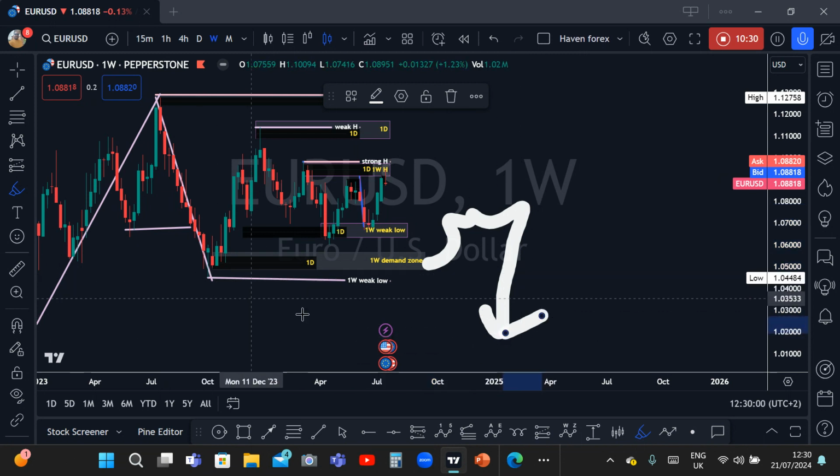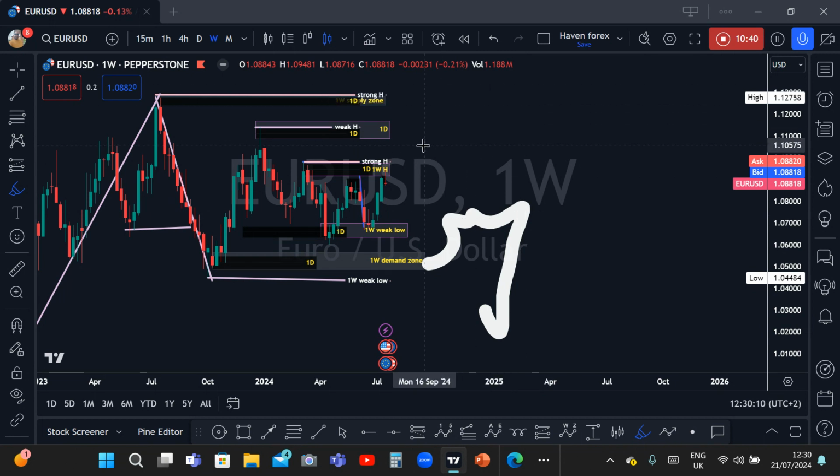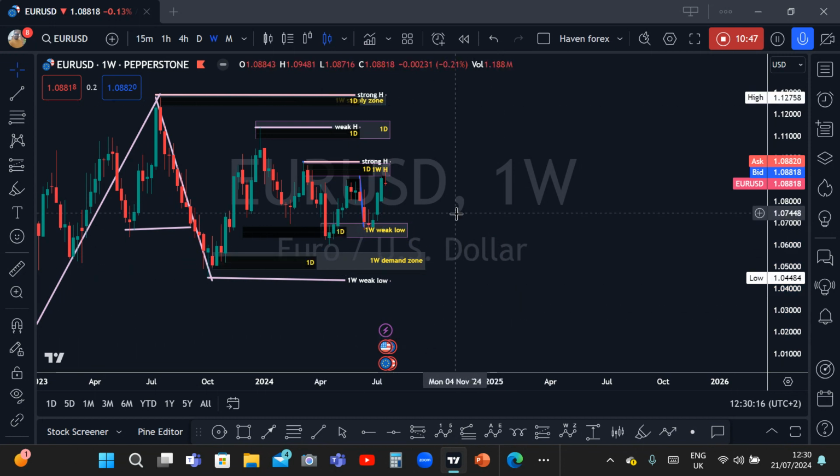So that is how it should be before you come down to take this low. That is how price action moves.